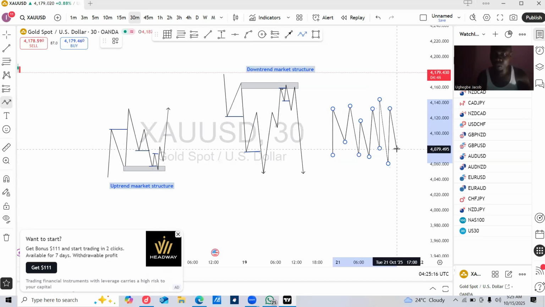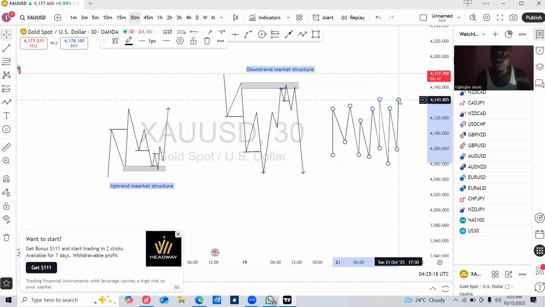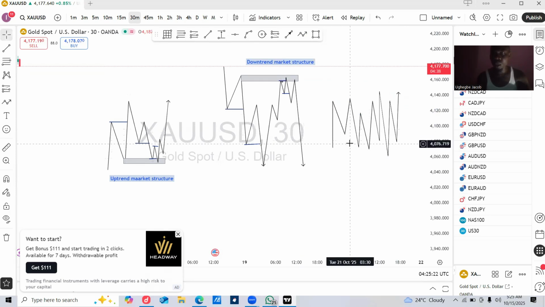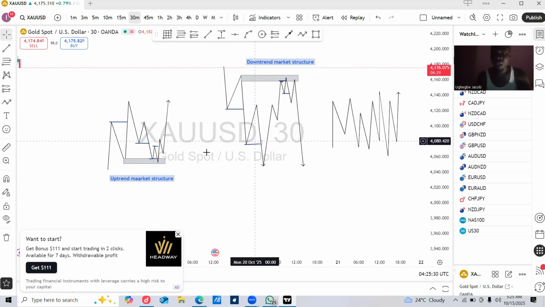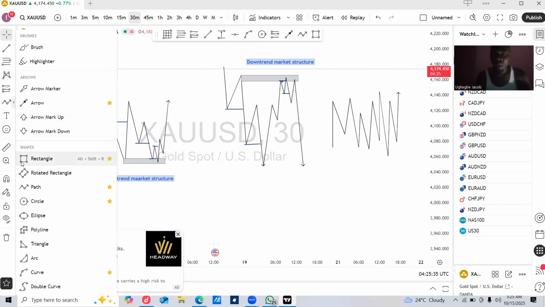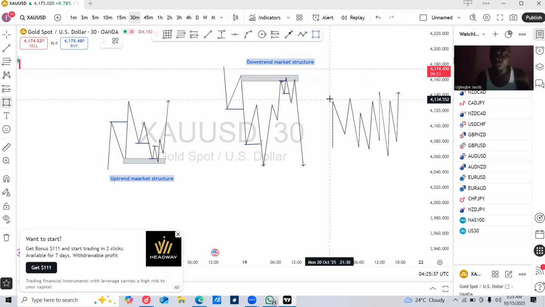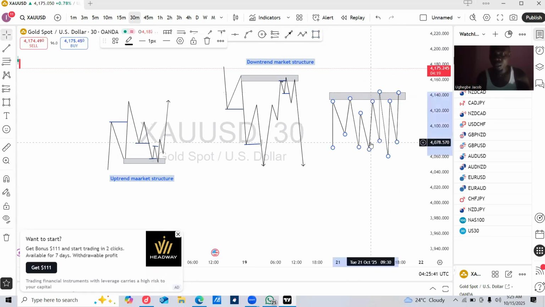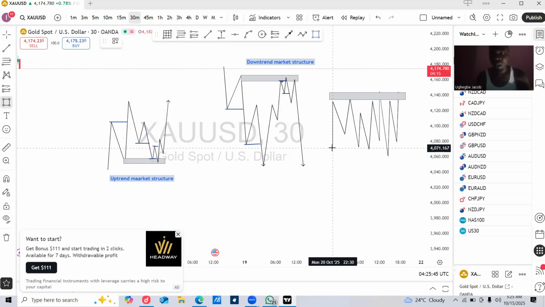As the market is doing something like this, your own is for you to be patient because this is a ranging market. Your own is for you to be patient in this market. Allow the market to take the highs and the lows. Maybe this is the high. Then this is the low.